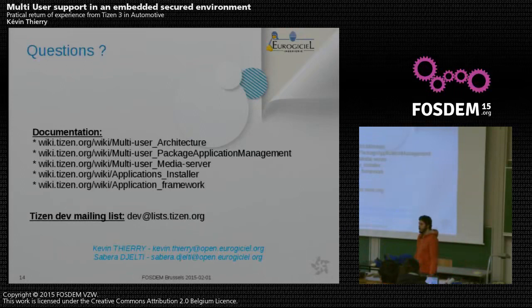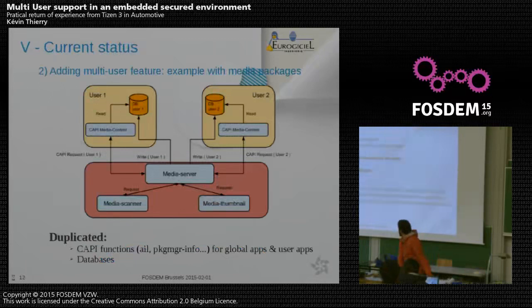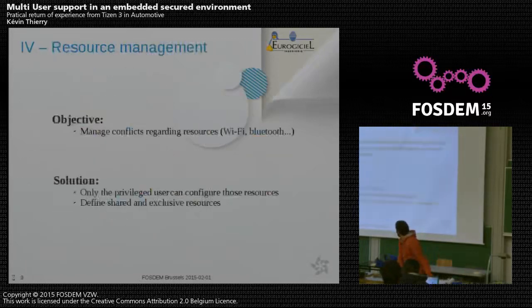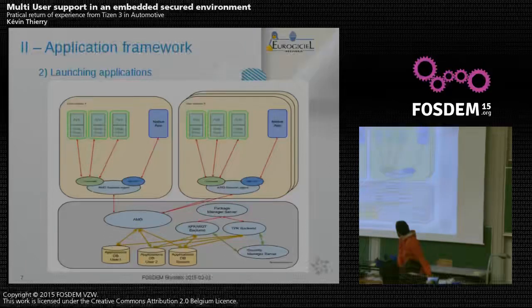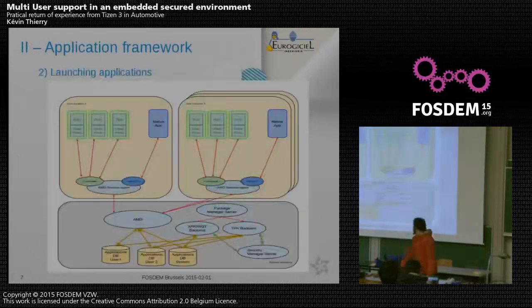Yes? Could you explain why you have to pass the root ID? I didn't get it. Okay. In fact, when a user launches an application, it can launch an application or it can connect to a daemon, and daemons are run as root.